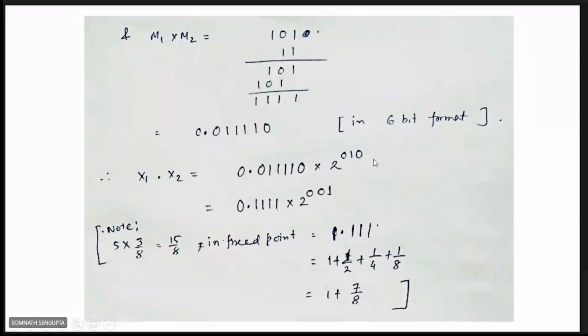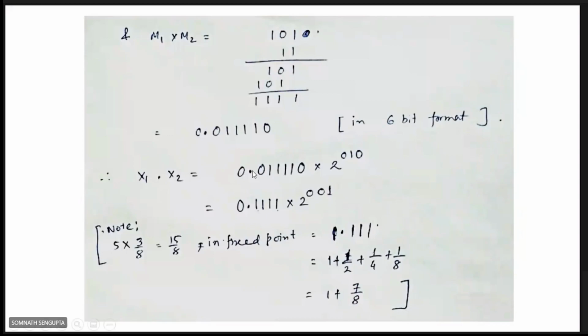Now you can shift the binary point either left or right. If you shift the binary point to the right, you have to adjust the exponent part. You are making the number higher, so you have to reduce the power of two.